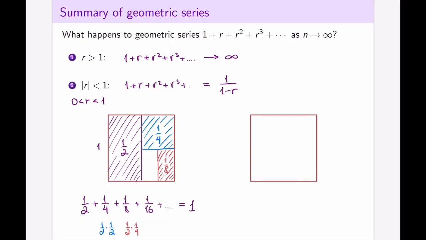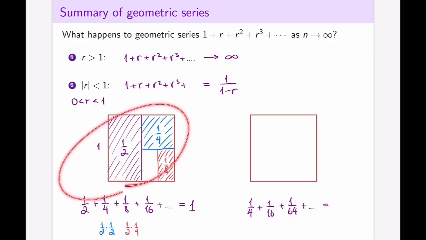And you can make these kinds of geometric arguments for lots of different geometric series with different ratios. For example, if I take 1/4 plus 1/16 plus 1/64 and so on, so my common ratio here is going to be 1/4, I can create a picture similar to this first one to justify why the area is equal to what it is.